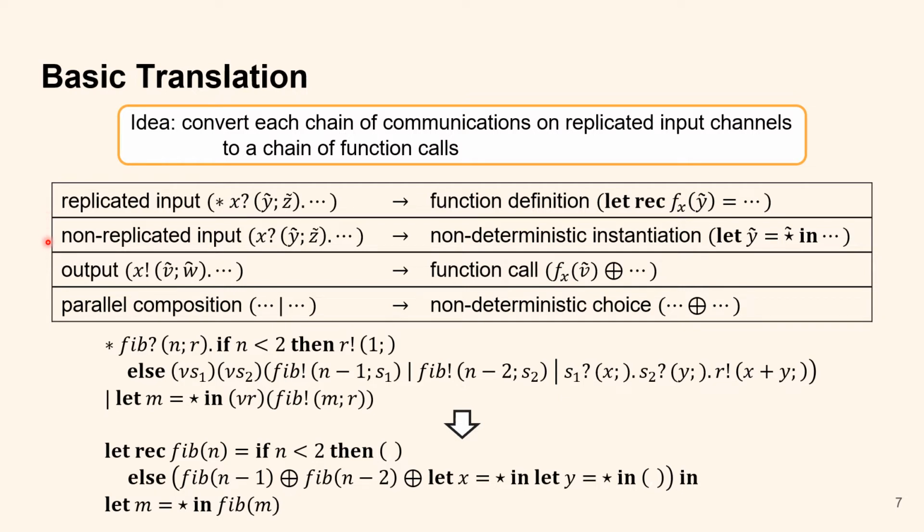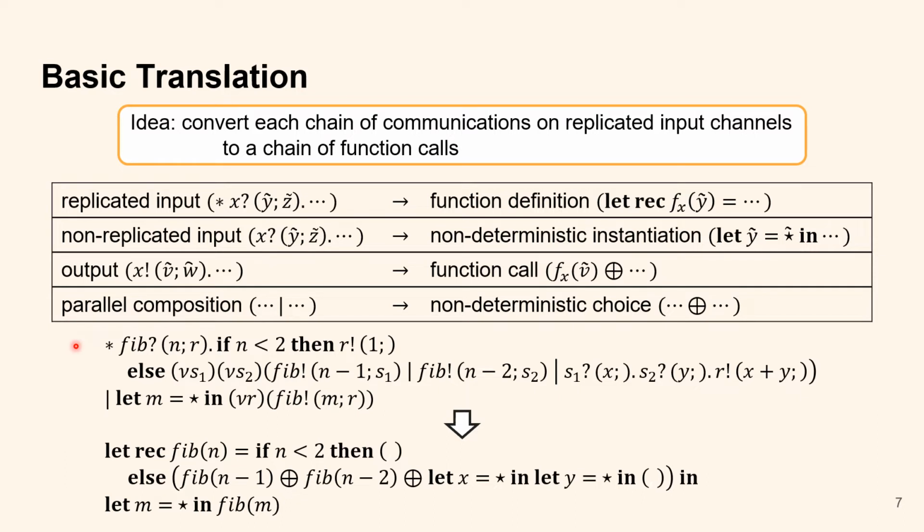On the other hand, a non-replicated input is ignored and just transformed to a non-deterministic instantiation. We convert an output to a function call. The parallel composition is transformed to the non-deterministic choice.